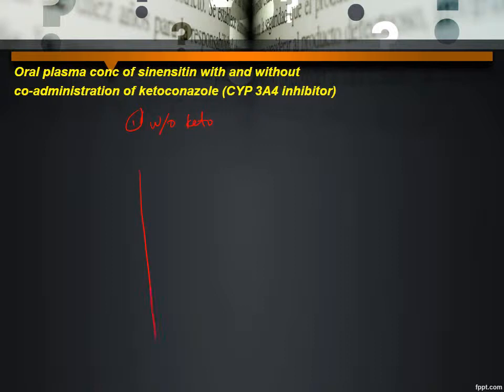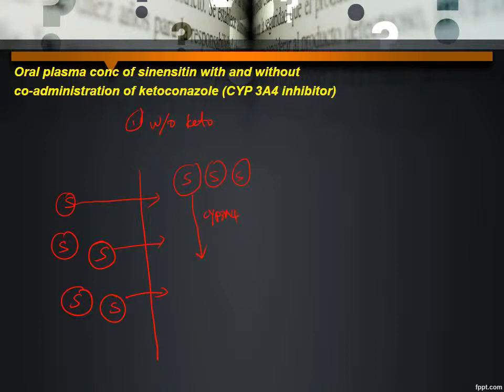When it is without ketoconazole, you have the sinecytin being absorbed, and when they meet CYP3A4, let's say 3 go in, and when they meet CYP3A4 they become metabolite, which is inactive, and maybe one of the sinecytin remains, and only one goes to the bloodstream. So this is the bioavailability of 1.